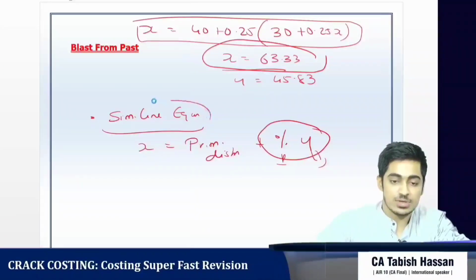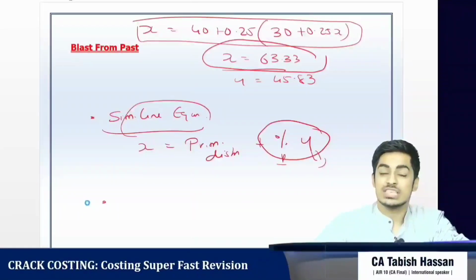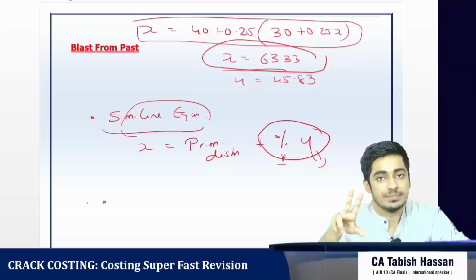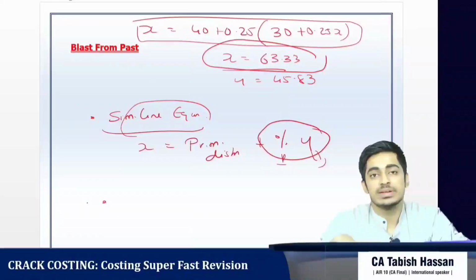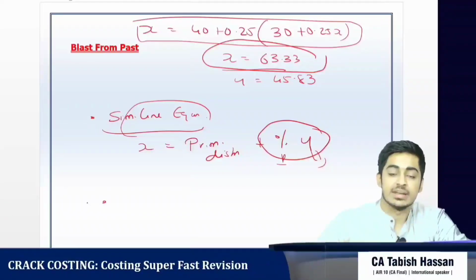This is the simultaneous equation. Second, we can use the simultaneous linear equation method only if we have two service departments. If you have more than two service departments, the simultaneous linear equation does not work and you will have to go to the trial and error method only.